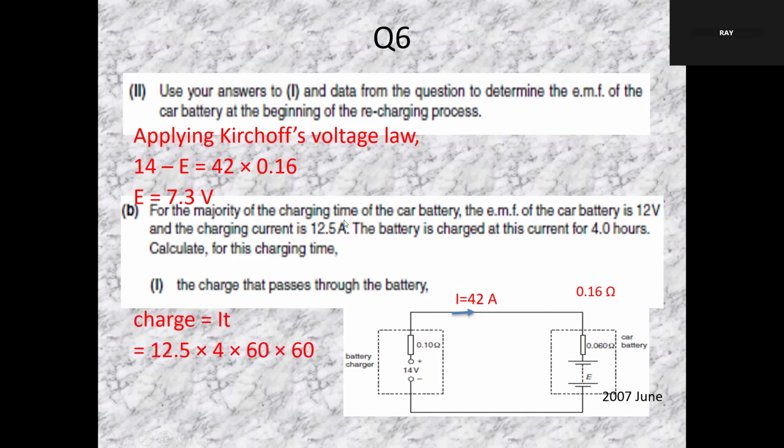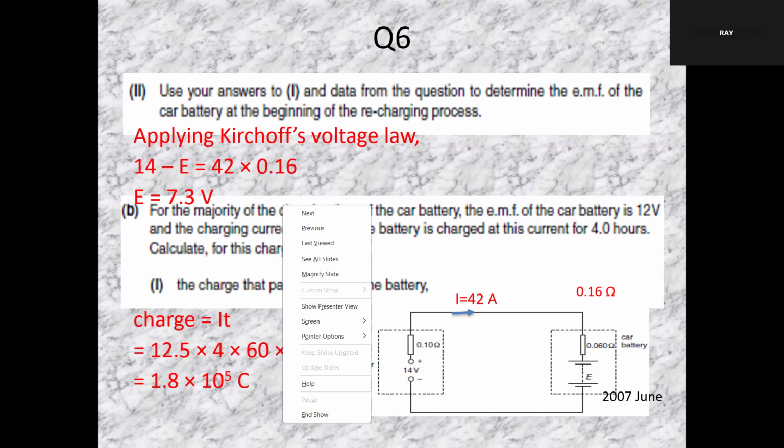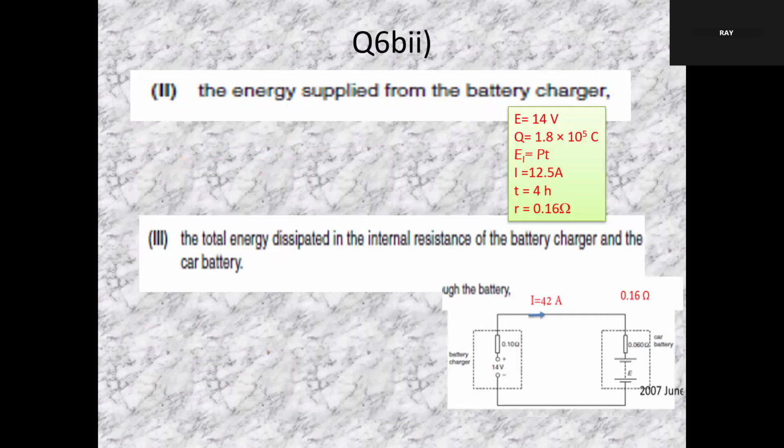Current, total is 12.5. 4 hours, change to seconds: 60 times 60, change to minutes times 60, times the seconds times 60, to get your answer. Right? That's what we have calculated so far.